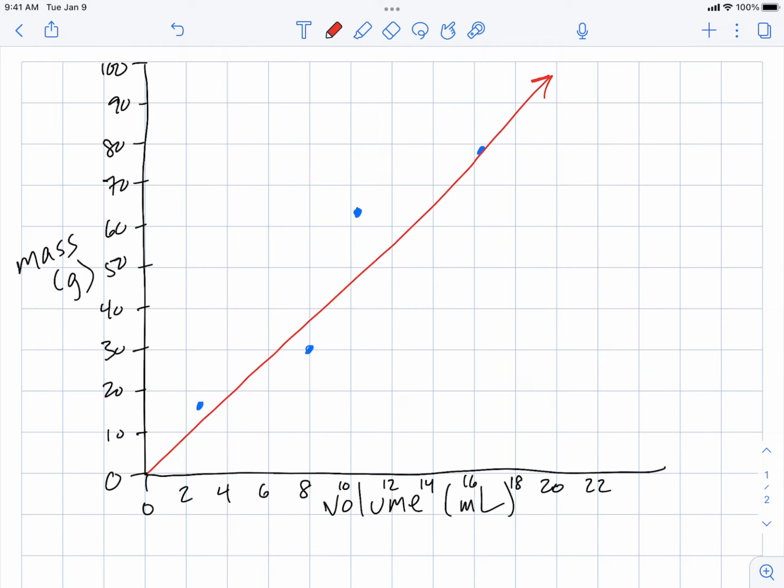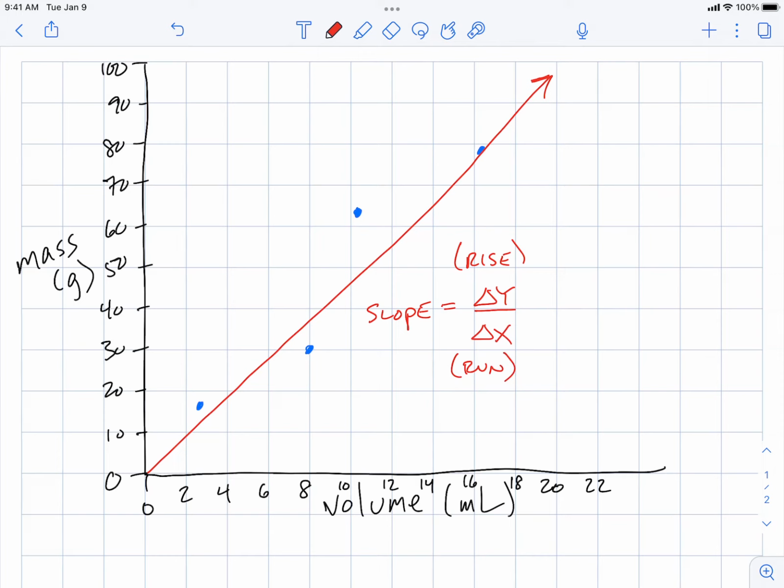And so when we are calculating the slope here, for instance, we know that the slope is the change in y over the change in x, or we could think about it as the rise over the run.